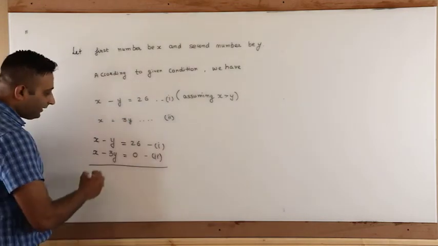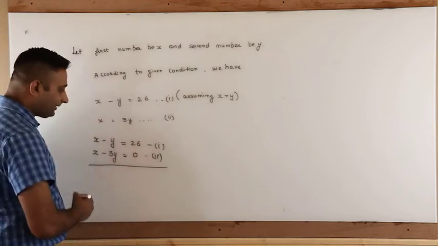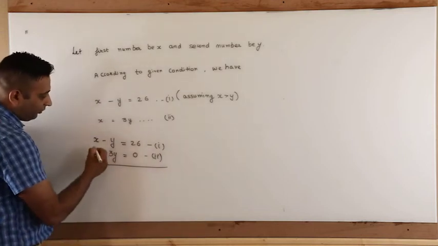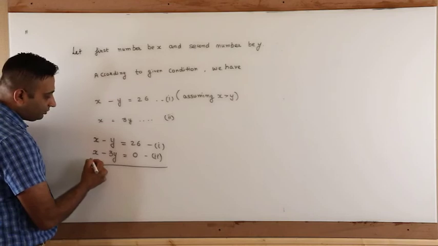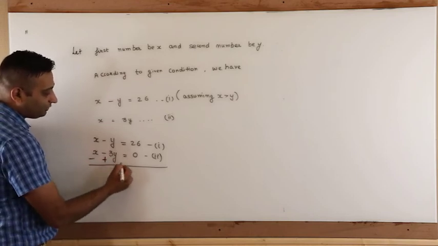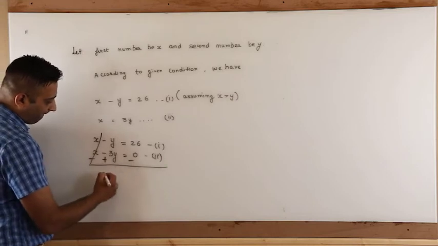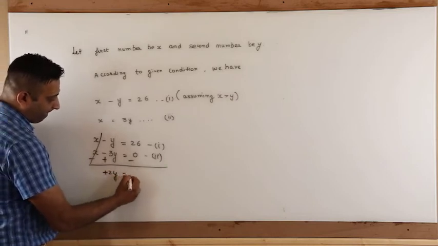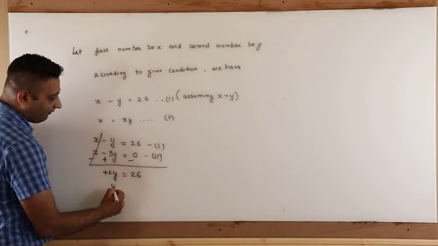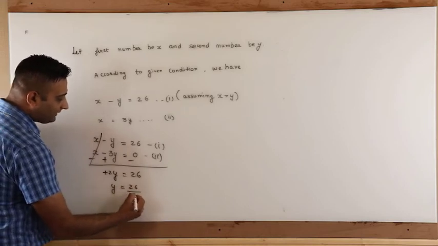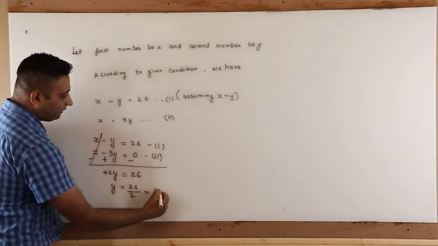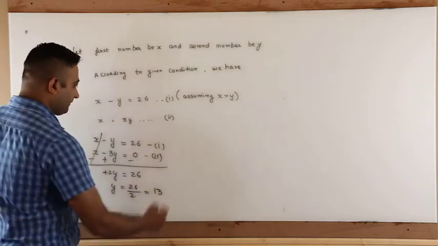Let us try to find this by elimination method. So in this the coefficients of x are already same, so we have to just subtract these two equations. So we got that means y is equal to 26 divided by 2, which is equal to 13.